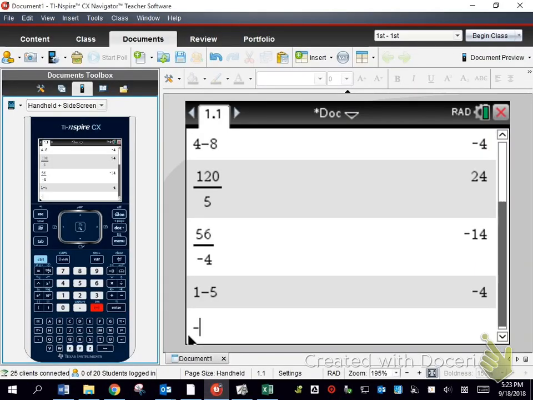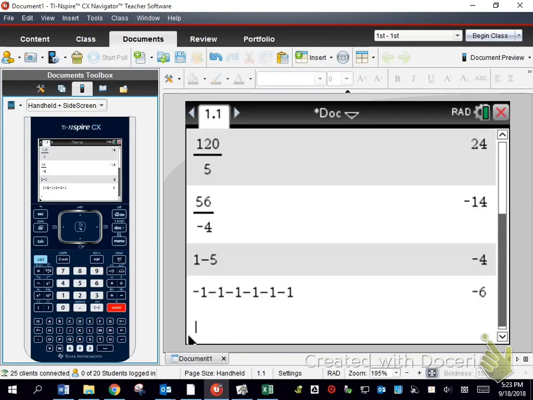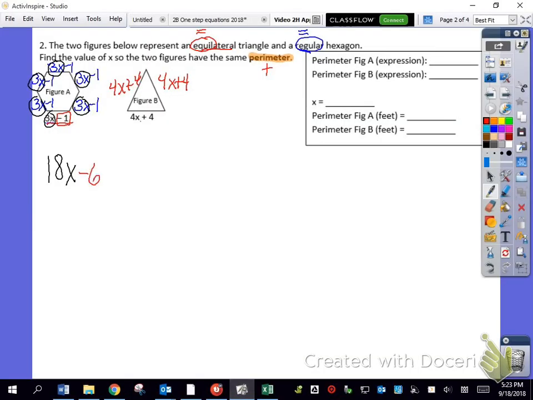But you would start negative 1, and then minus 1, minus 1, minus 1, minus 1, minus 1. There's 6 of them. Okay, 1, 2, 3, 4, 5. I need to do one more. Minus 1. Enter, you get negative 6. So that is minus 6 when I put all those together. Okay? So 18x minus 6, that is figure A.